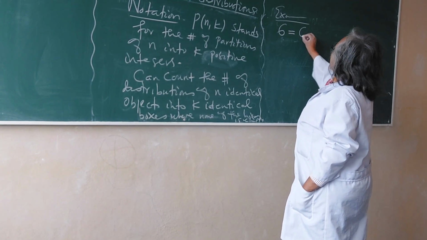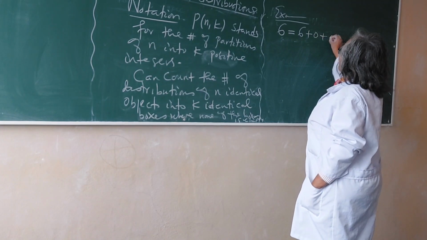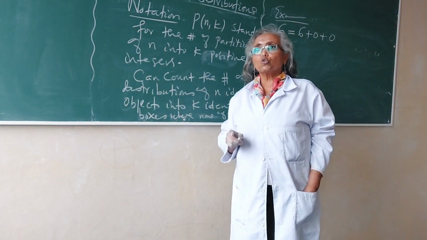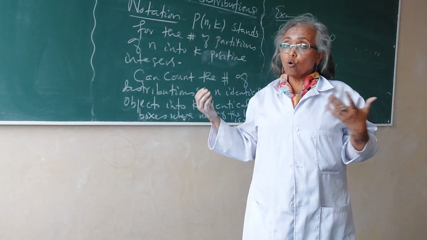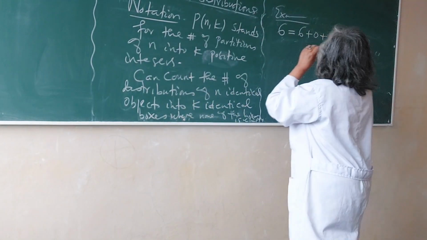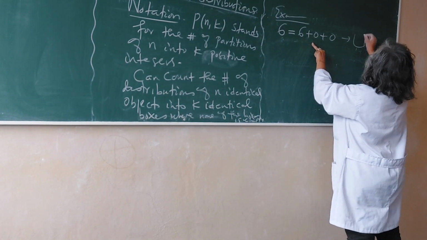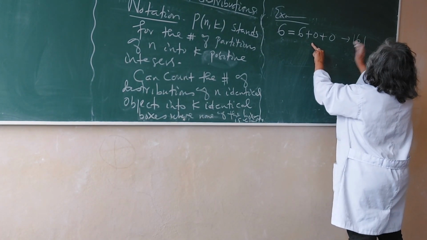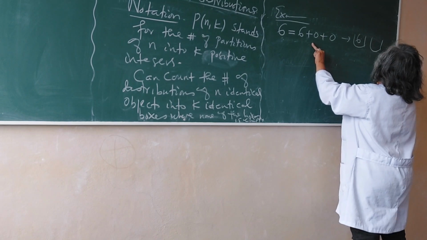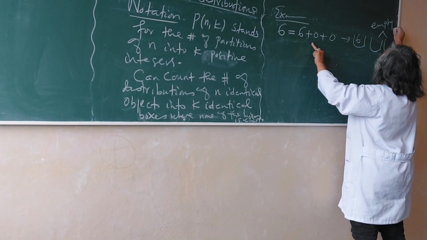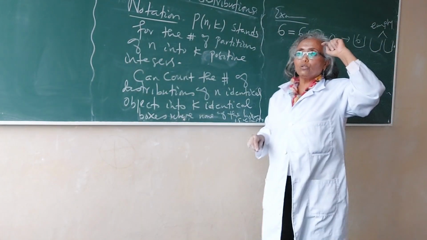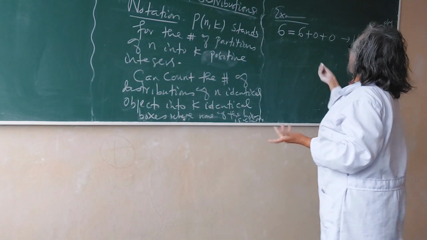But let me write 6 as 6 plus 0 plus 0 because it corresponds to a distribution of identical items into K boxes where some of the boxes are empty. Okay? So all the 6 items are here, but these are empty. Remember, we have used the same idea while using Stirling numbers of the second kind.